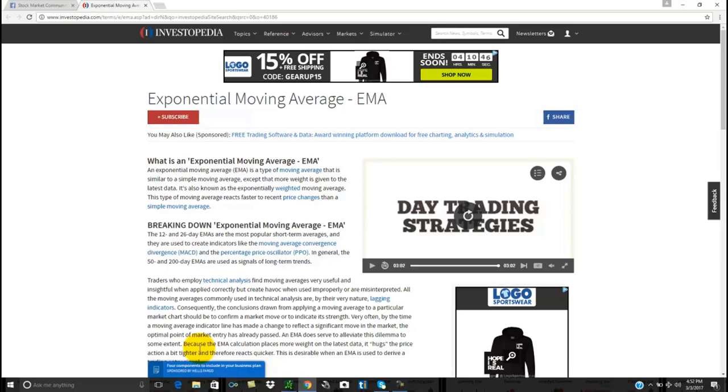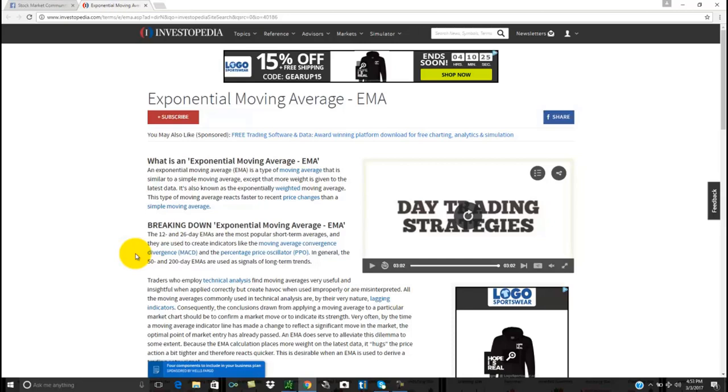We love this resource, so head over to Investopedia.com, type in EMA or exponential moving average, and you'll see this here. I'll just read a paragraph or two, but I really want to show you hands-on what it actually looks like and what it means.